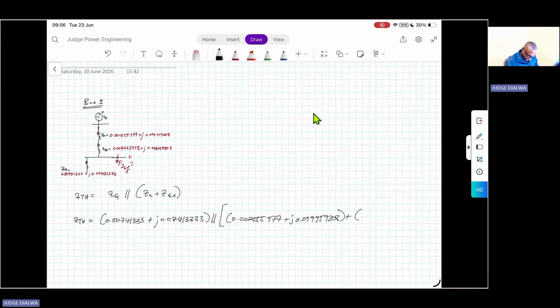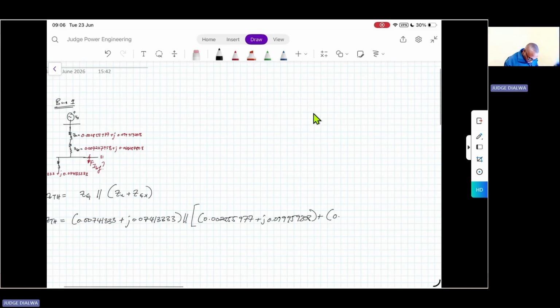This will be in series with the impedance of our generator transformer, which is 0.004267958 plus j0.068287808.